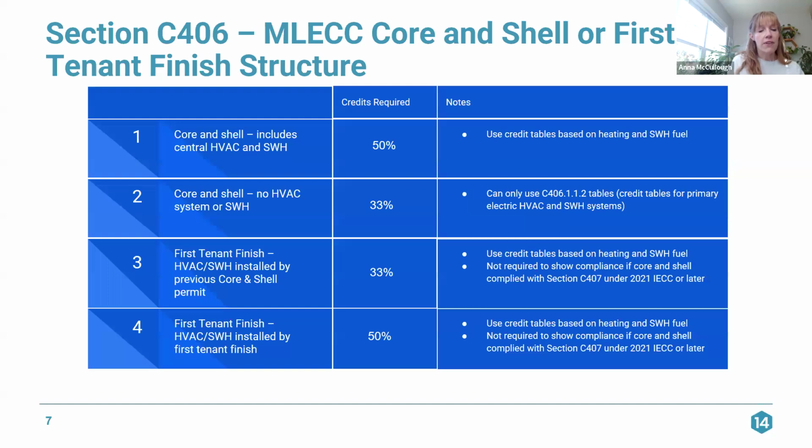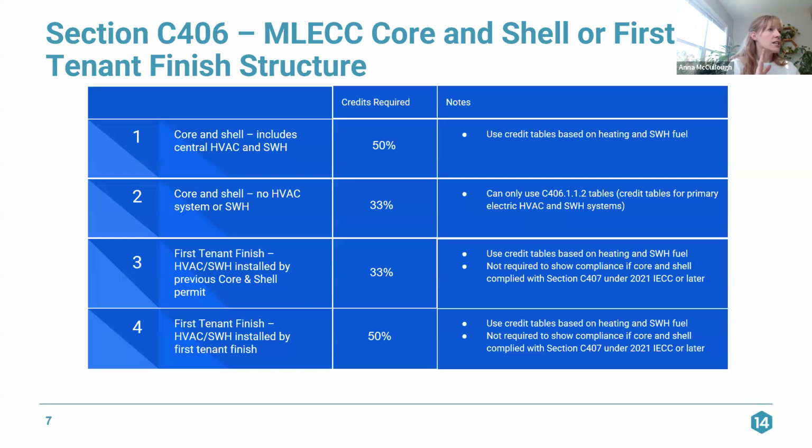So these are the values that were created by PNNL and DOE, who created the structure of this code for the 2024 IECC. They did use energy modeling to determine where that point threshold should be, but I don't know exactly what that energy modeling showed. But I do know that there was thought behind it, although I don't know the specifics of it.